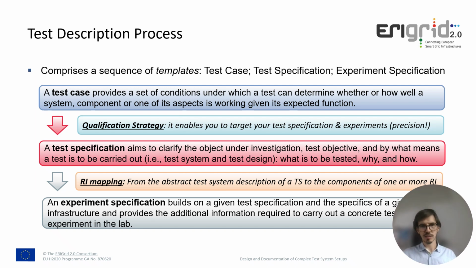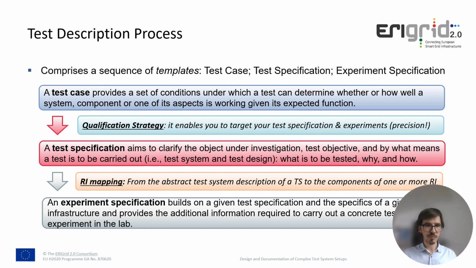The test case provides more abstract conditions and the motivations for the test. The test specification clarifies the exact configurations of what should be tested, and the experiment specification then describes the actual lab setup.